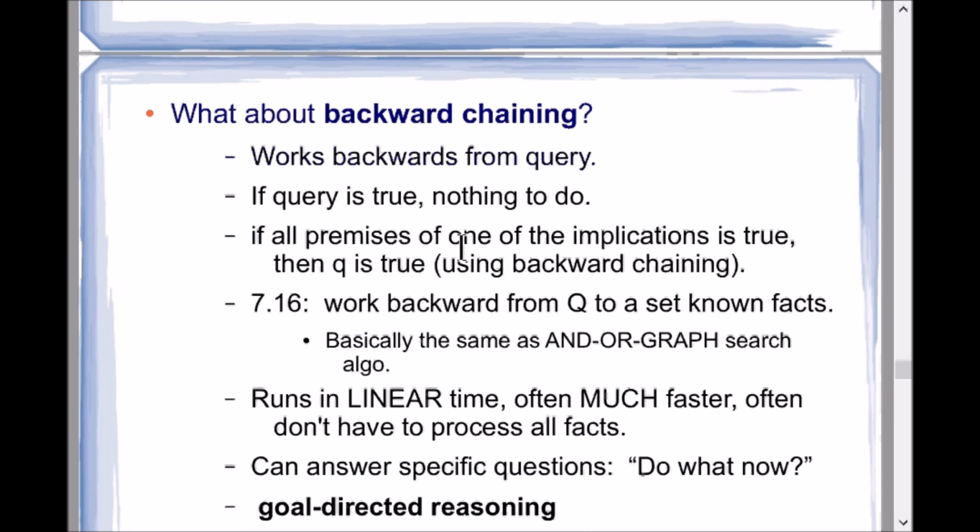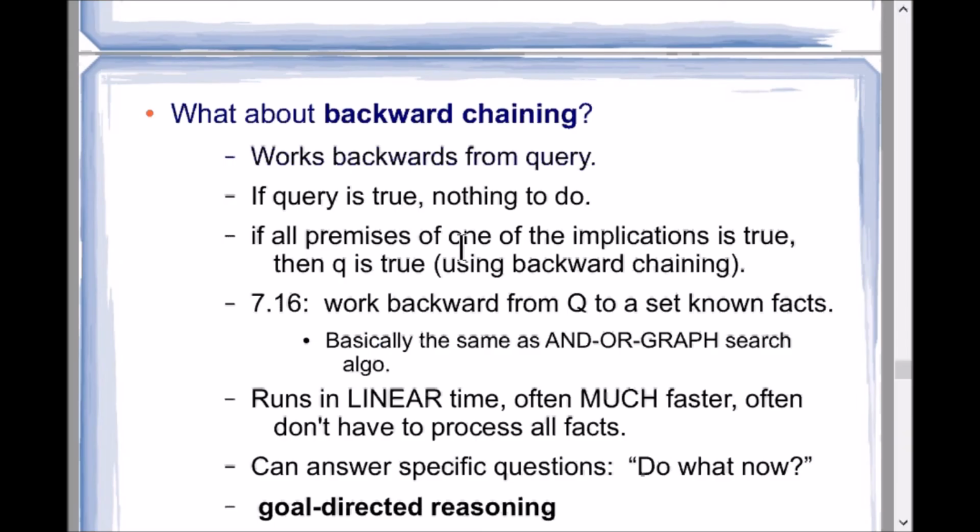the algorithms themselves, when they're efficient, can run in linear time, but often they can be much faster than that because you only have to examine relevant facts. You don't have to look through everything, right? Algorithms that use backwards chaining actually use a subset of the facts in the knowledge base.